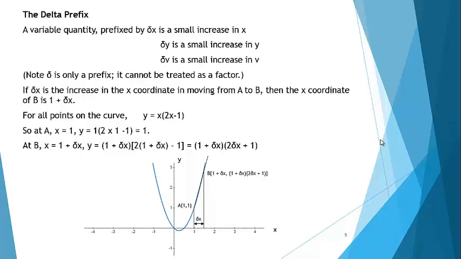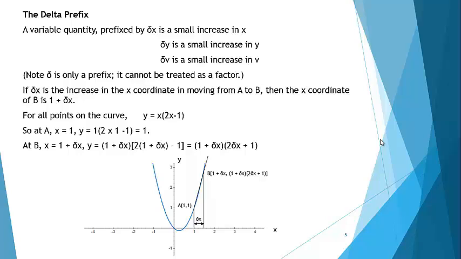And as there is an increment of delta x at point B, we get the x coordinate as 1 plus delta x, and by substituting 1 plus delta x in the equation y equals x bracket 2x take away 1, we get the y coordinate, which is 1 plus delta x bracket 2 bracket 1 plus delta x take away 1. By simplifying the expression, we get 1 plus delta x bracket 2 delta x plus 1.